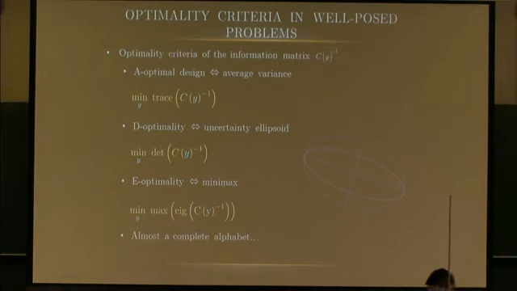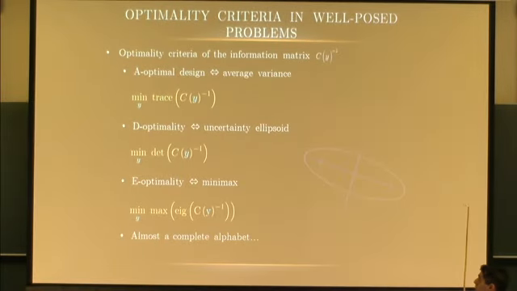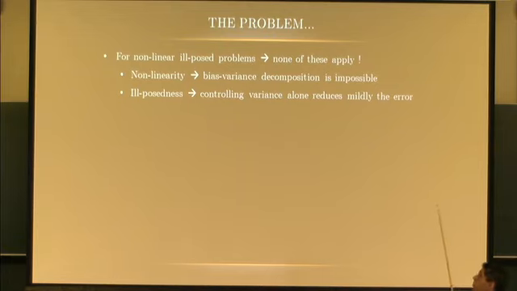Or you can be very pessimistic and think about trying to bound the largest eigenvalue of your error, and that will be the min-max approach. It's called E-optimality, but then there's a complete alphabet of criteria that one can come up with in order to prescribe an experiment.